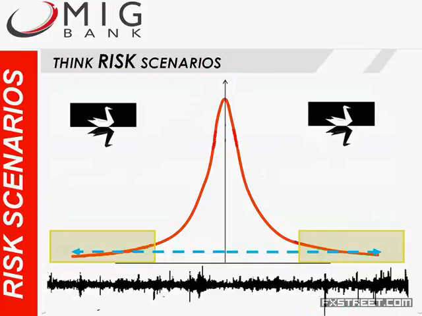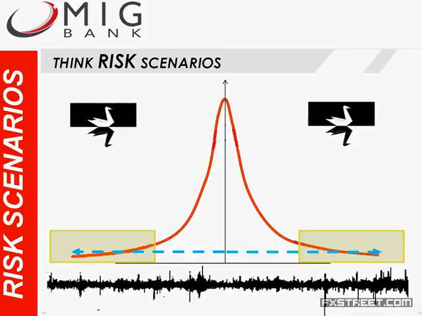The next point, my third point in terms of New Year resolution, is think risk scenarios. Now this is a statistical probability distribution that you're seeing here, which is the probability distribution that most people use for explaining how financial markets work.